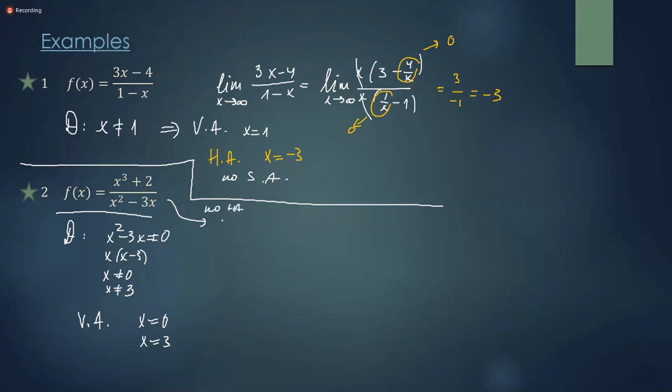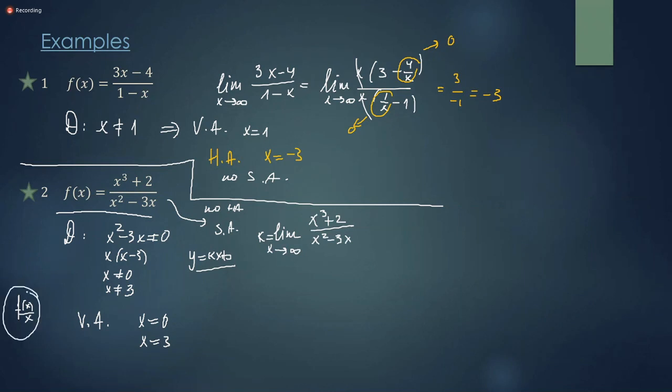So to find the slant asymptote, y equals kx plus b, k, if it exists, is the limit when x tends to infinity of x cubed plus 2 divided by x squared minus 3x, divided by x. This is the reason why in the first elementary mathematics test, you had to establish the expression f of x divided by x.